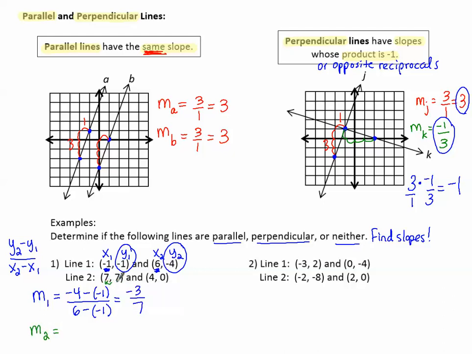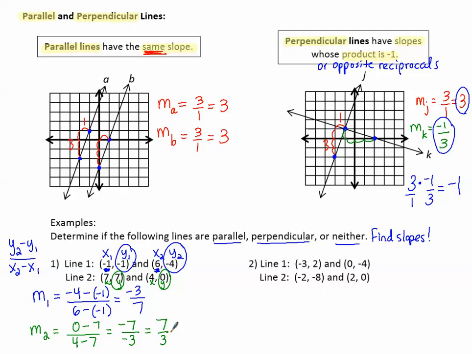Now let's find the slope of line 2. Here is our x, y, and x, y. We start with the y's. 0 minus 7 over 4 minus 7 equals -7 over -3. -7 divided by -3 makes positive 7/3. A negative divided by negative is a positive. Notice that these are opposites, negative and positive, and 3 over 7 is the reciprocal of 7 over 3.